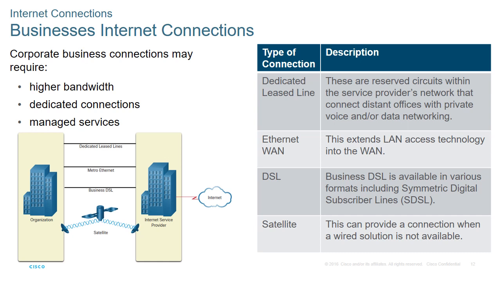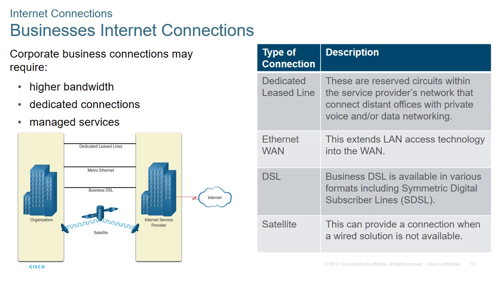In our homes, we are using the ADSL connection, asymmetric digital subscriber line. In this, the upload and download speeds are different, not the same. Whereas in SDSL, the upload and download speeds are the same. So that is the difference between ADSL and SDSL. ADSL is used in home and small office internet connections, whereas SDSL is used in business internet connections.